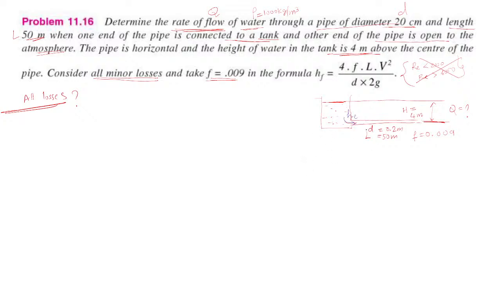Then one is a major loss, that is h_f, the major frictional loss that is happening. Any other losses that you can identify from here, let me know in the chat box.